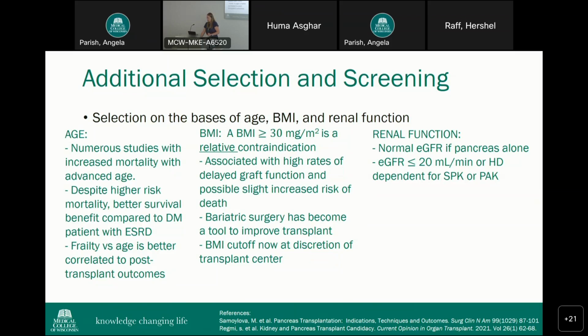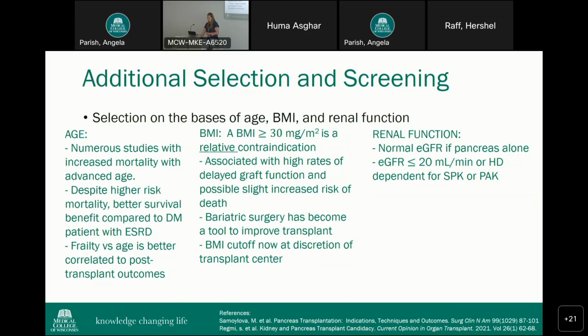There was an interesting study by Lamoni of patients over the age of 70 that showed increased mortality. However, this was followed up with an additional study that showed that at 5 years, patients at age 50 were comparable to those at 35.